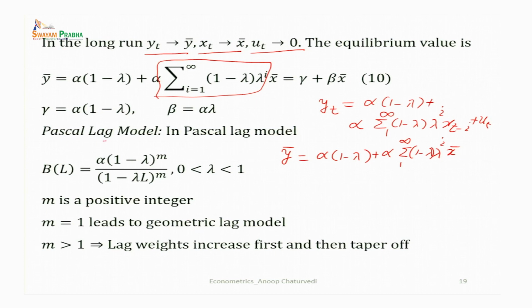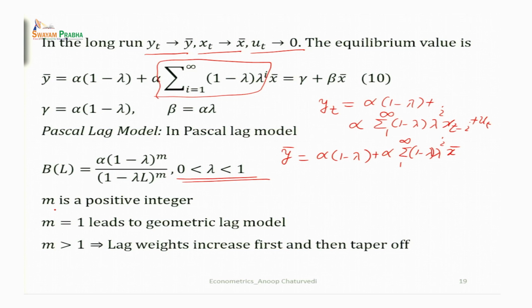Now, we consider Pascal lag model. In Pascal lag model, you take B L equal to alpha (1 minus lambda) to the power m upon (1 minus lambda L) to the power m, where lambda lies between 0 and 1, and m is any positive integer.